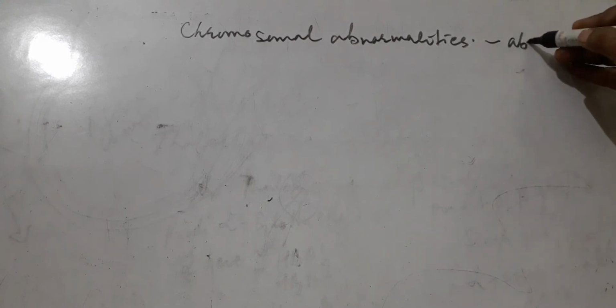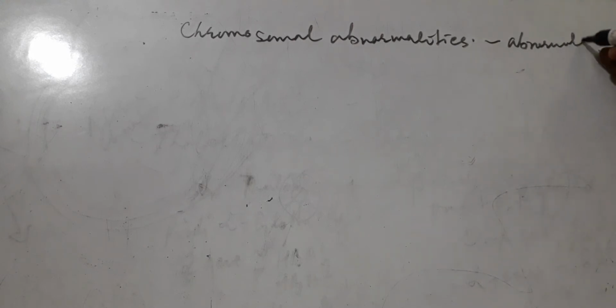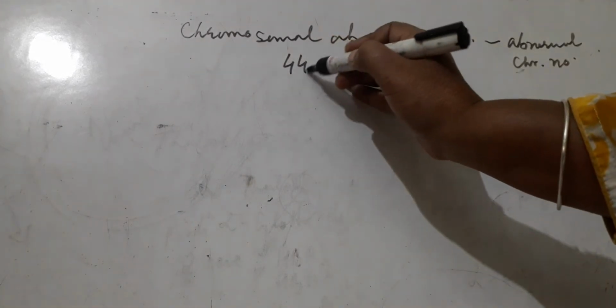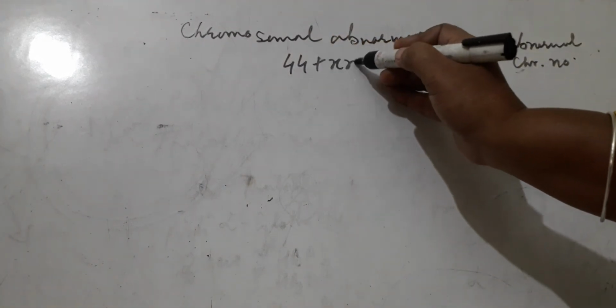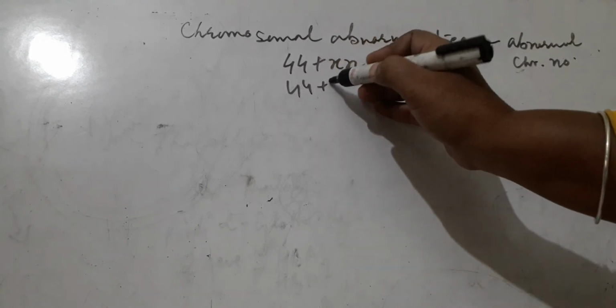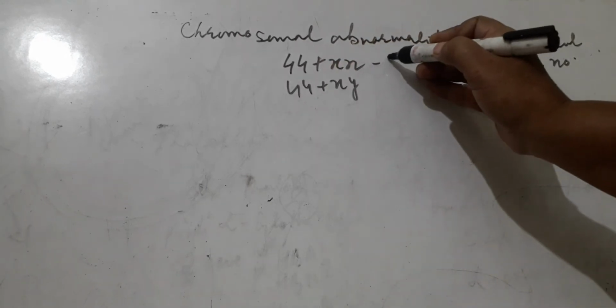It means abnormal chromosomes number. In normal chromosomes number क्या होते, 44 plus XX and 44 plus XY.